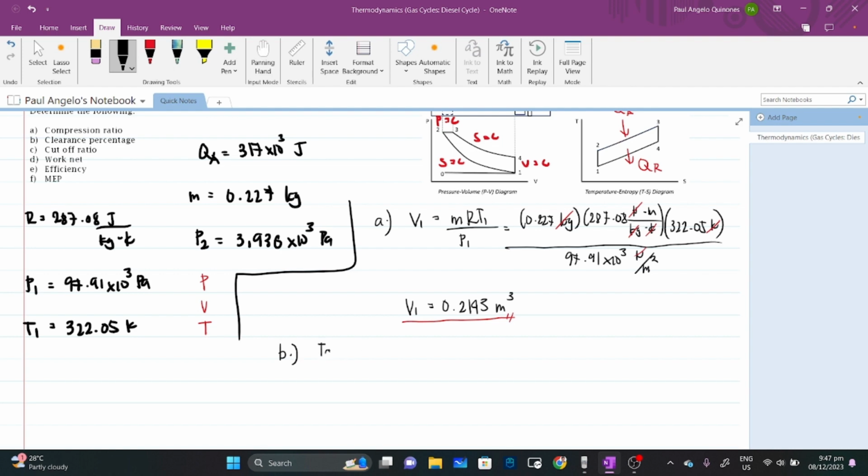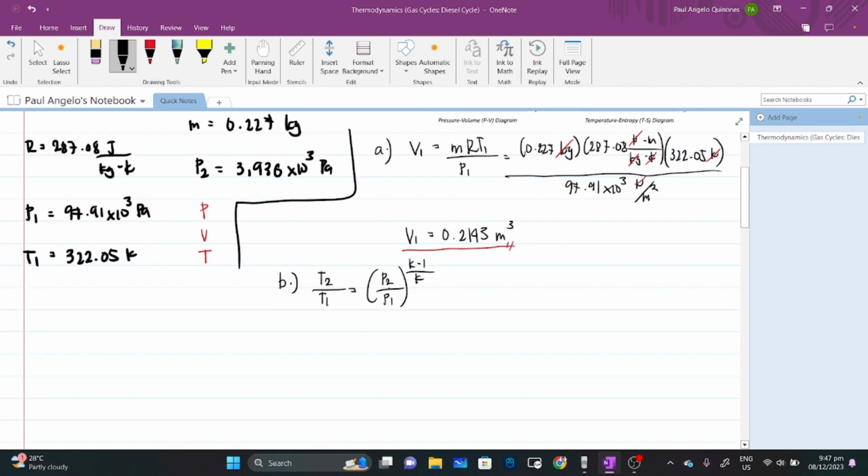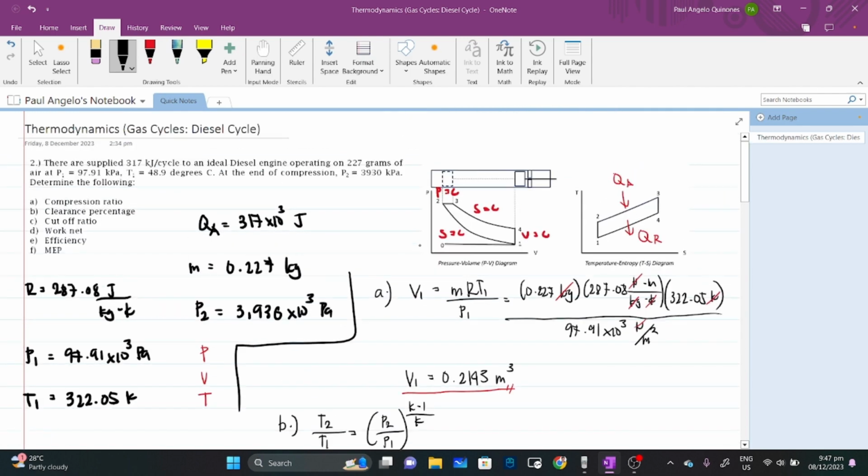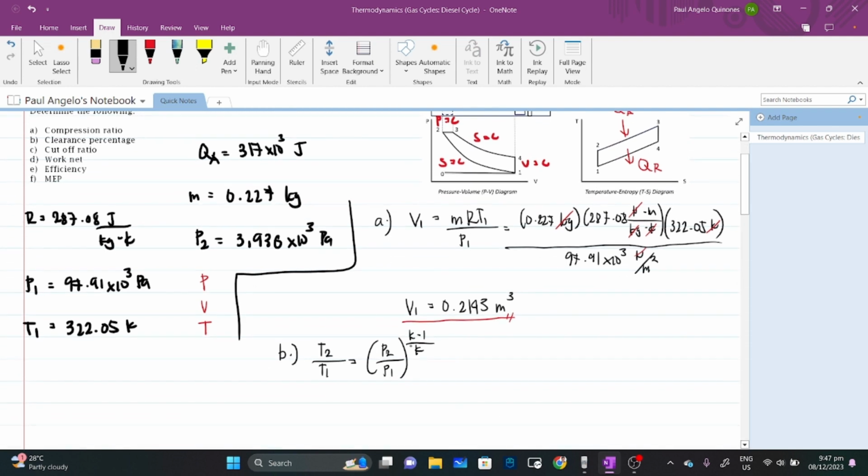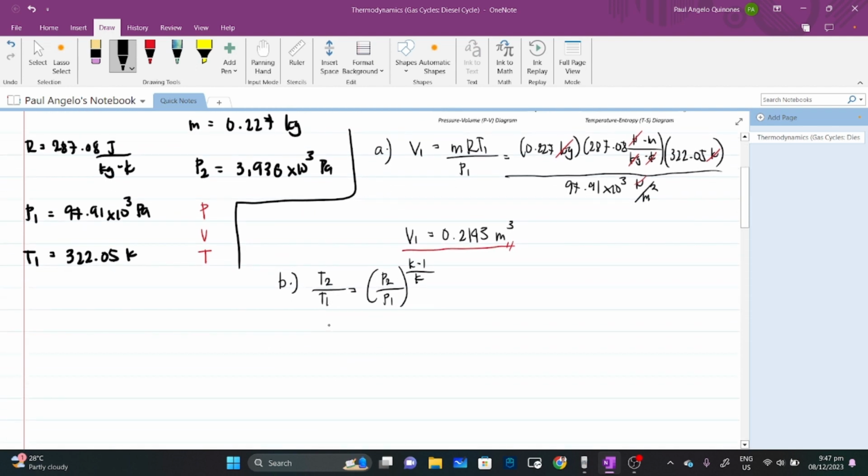T2 over T1 is equal to P2 over P1 quantity K minus 1 over K. That is your isentropic relation, because from point 1 to point 2, you need to subject the fluid to an isentropic process. Therefore, you need an isentropic relation.